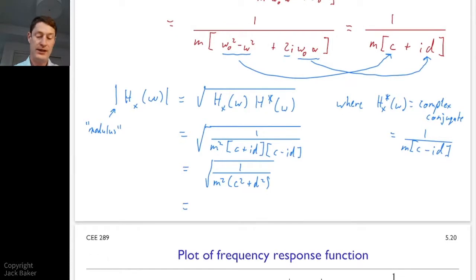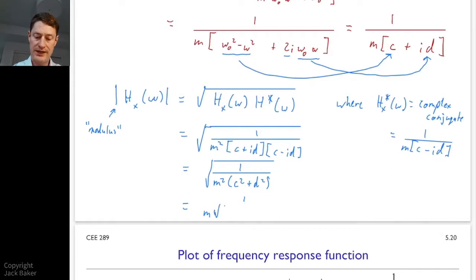Now the c's and the d's we've defined up top in red. So let's rewrite this one more time, substituting back in what c and d were. We've got a 1, and in the denominator we've got m squared. Actually, we can pull the m squared outside of the square root, so let's just keep that outside. The 1 can come outside as well, and I'll just put the square root down here.